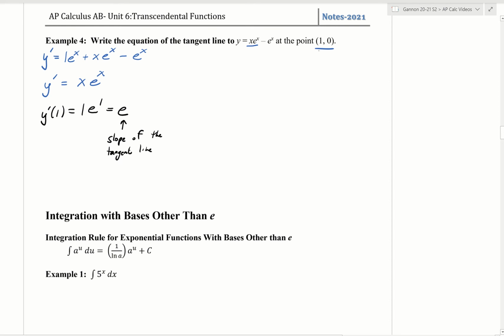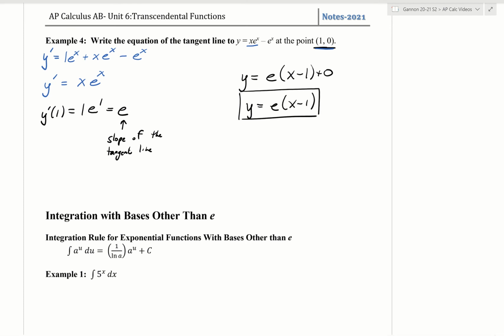You've got the point that was given up here. We can write the equation. So y equals e times (x minus 1) plus 0, which can just be simplified to e times (x minus 1). Or you could distribute the e and have it be in slope-intercept form. But again, no real need to do that.